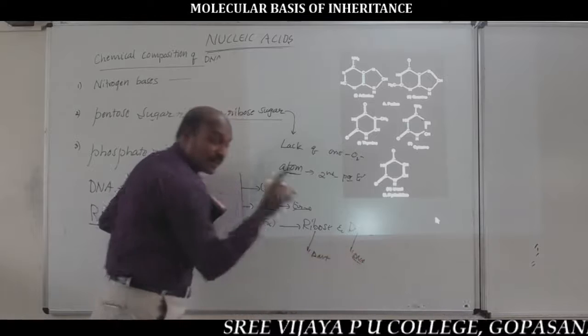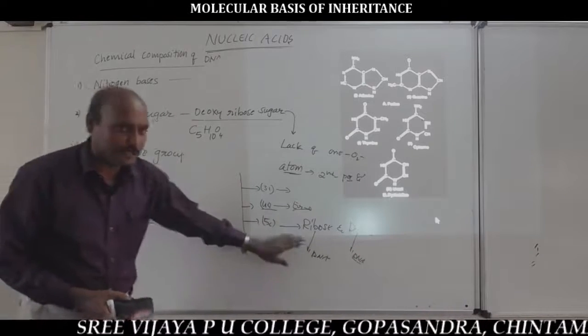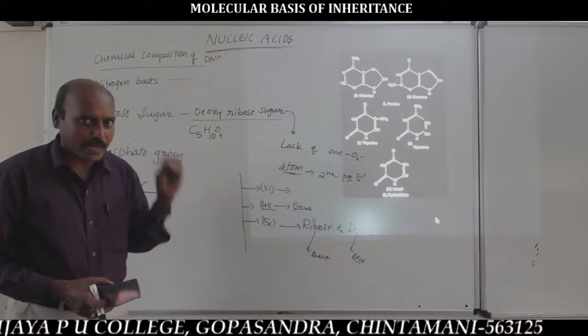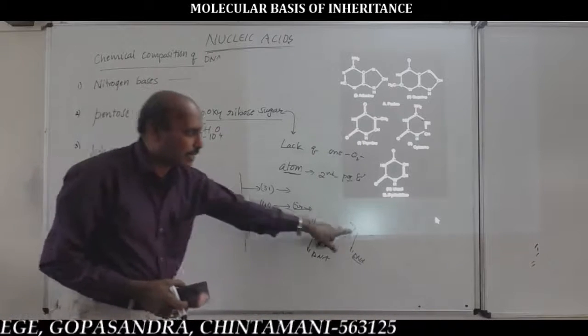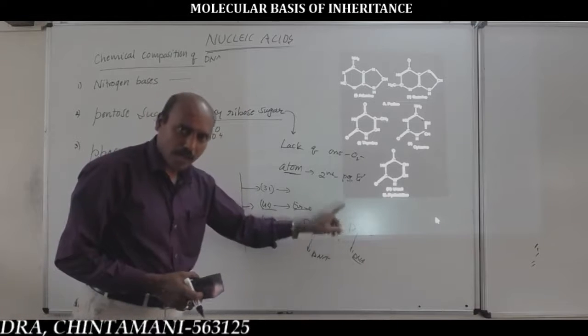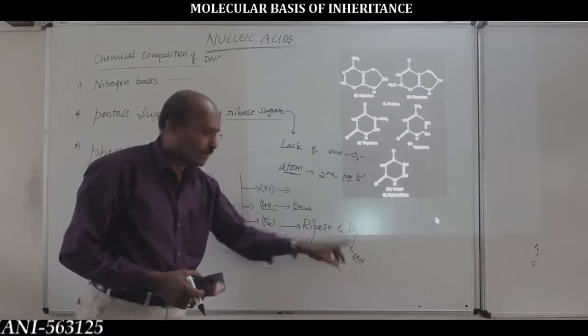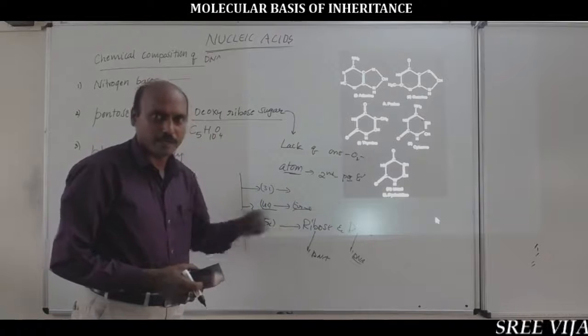Based on this aspect, very important, nucleic acids are of 2 different types, deoxyribose nucleic acid and ribose nucleic acid, based on the type of pentose sugar. So, DNA has the pentose sugar called deoxyribose sugar and RNA has the pentose sugar called ribose sugar.